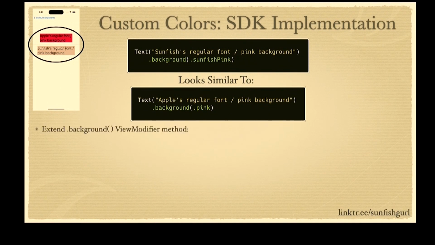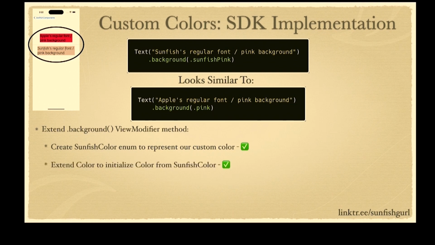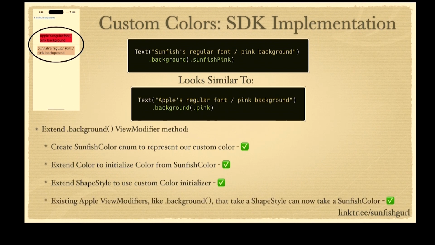All right, so in order to extend the background view modifier method, we've already created sunfish color enum. We've already extended color to initialize color from sunfish color. We extended shape style to use the custom color initializer.